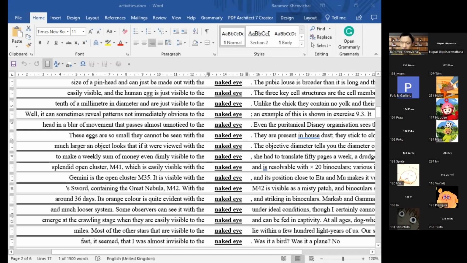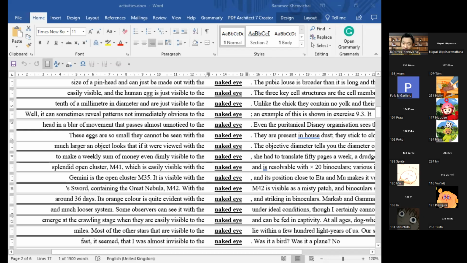Now, let's look at the word cause. In your handout, in the Microsoft Word file, the concordance lines for the word cause are shown for you. Now, the question is, what are the noun collocates on the right of the word cause? Do they have a positive or negative meaning?